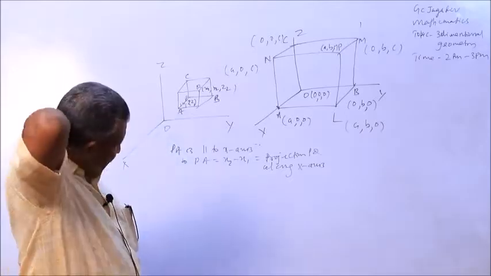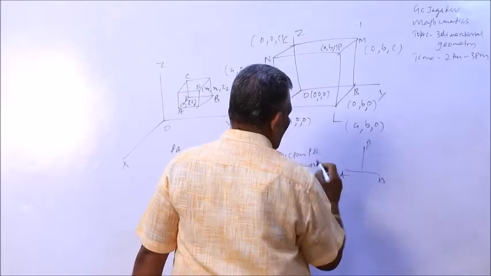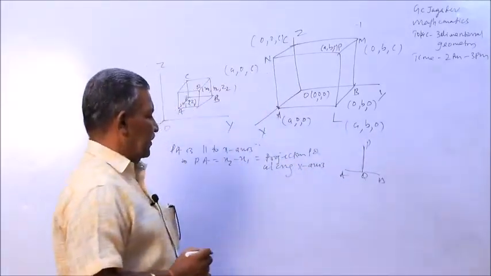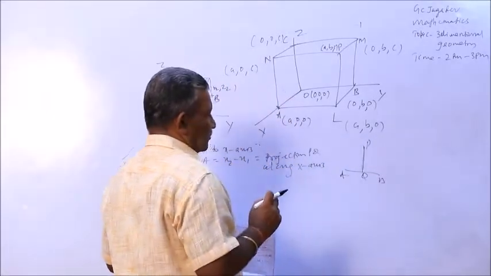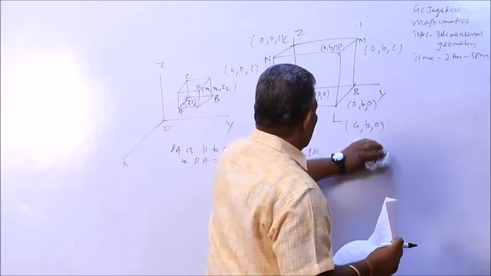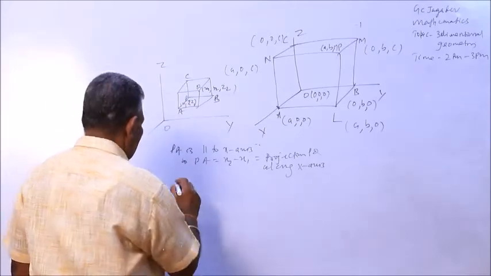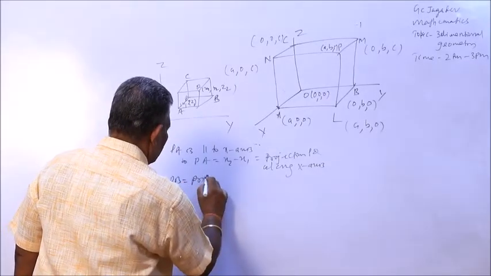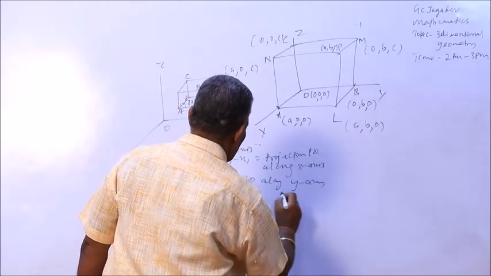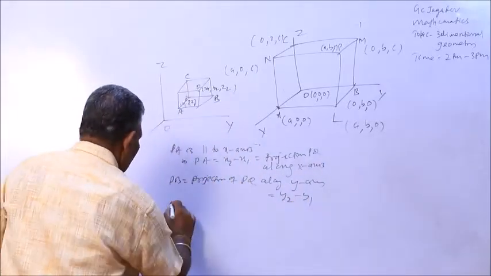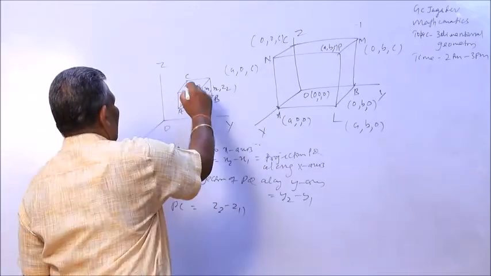Now the question comes, what do you mean by projection? Suppose AB is a line and P is a point. If we drop a perpendicular PQ on AB, then PQ is the projection from the point P on AB. Similarly, PA is the projection of PQ along the x axis, whose value is x2 minus x1. Similarly, PB, the projection of PQ along the y axis, is y2 minus y1, and PC is z2 minus z1, because PC is parallel to the z axis.